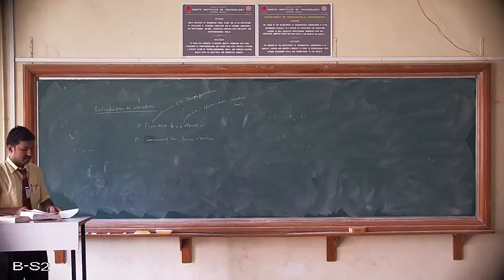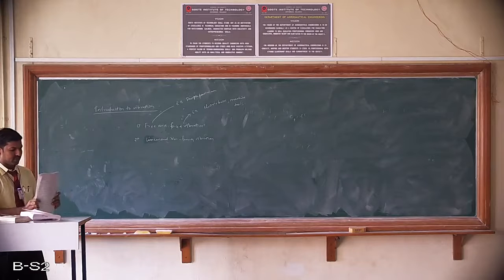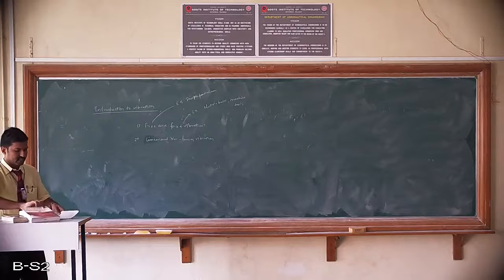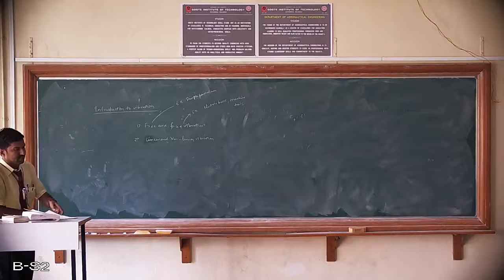Now let us understand what we mean by linear and non-linear vibration. If in a vibratory system, the mass, spring and damper behave in a linear manner, then the vibrations caused are known as linear vibrations.